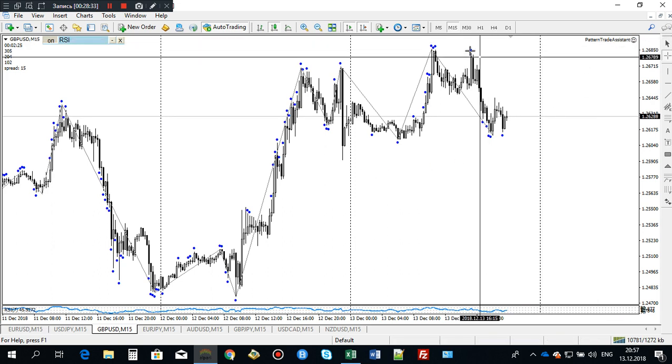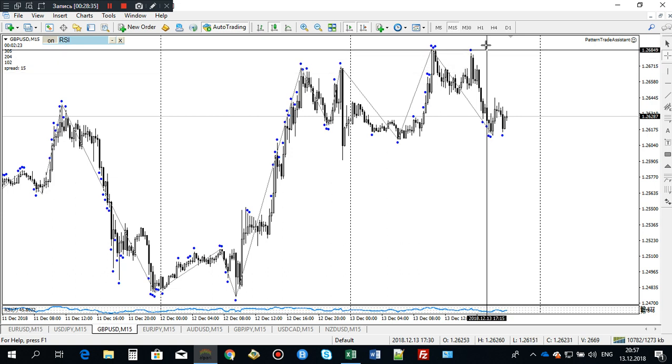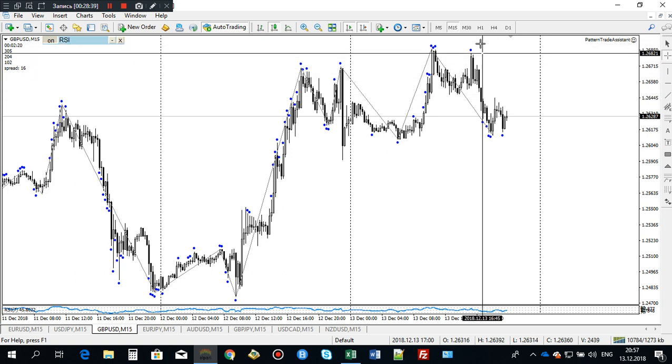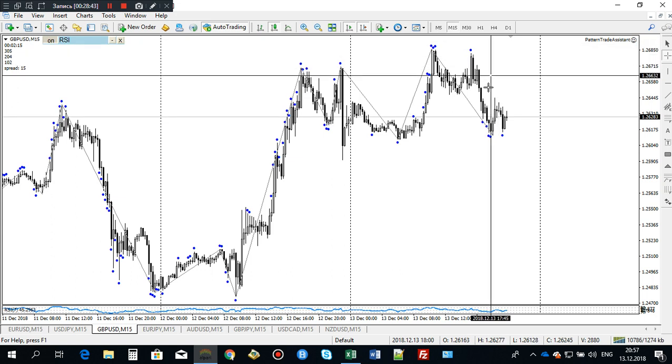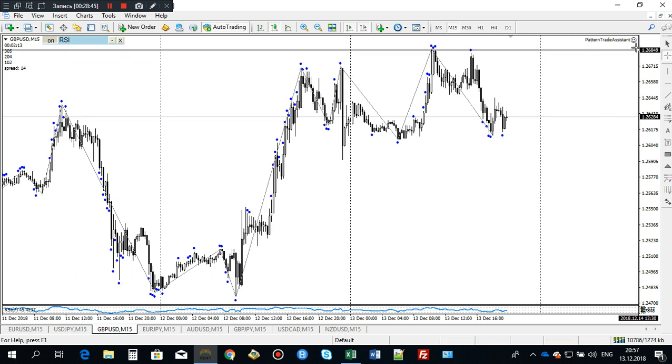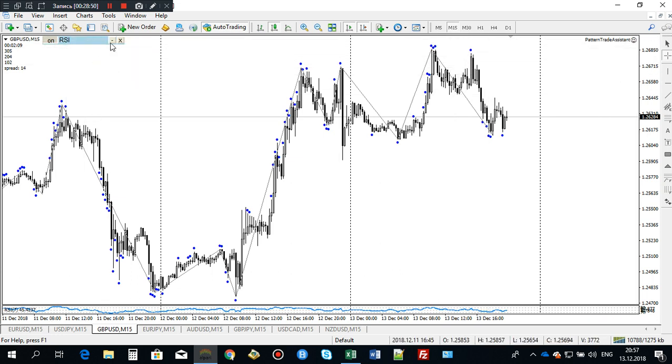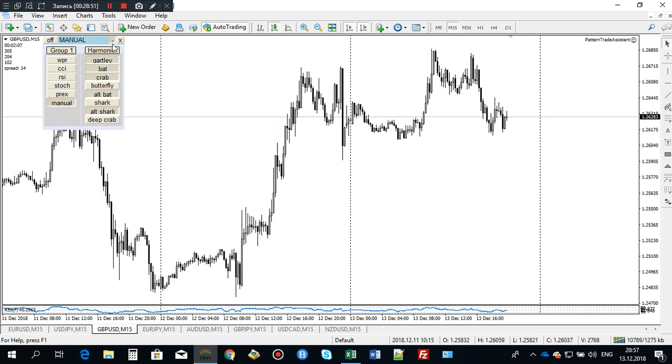It is pattern trade assistant who does the break even of the trade, who moves the stop loss. And even if I am away, if I'm not in front of my screens and the first half of my position is closed, pattern trade assistant recognizes this situation and it moves the stop loss of the remaining half to break even or to the D point according to what you have set in settings.